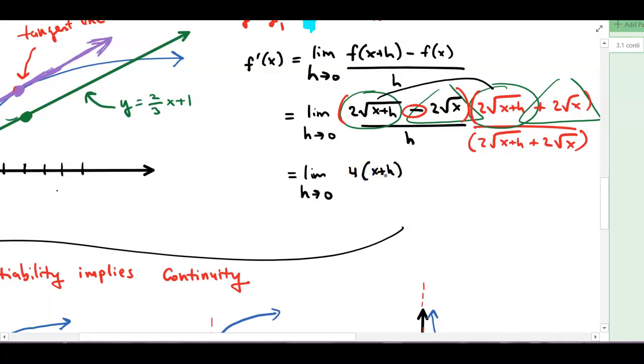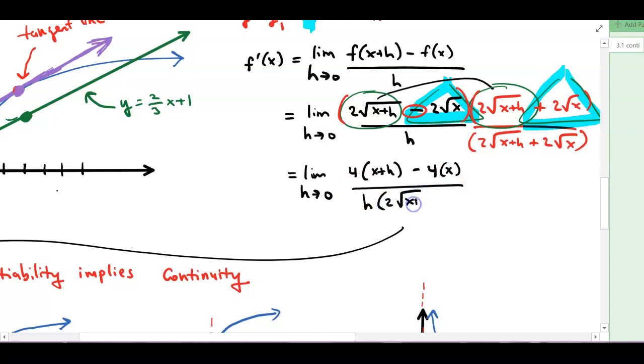Now the last parts. The negative times a positive. I'll do this in blue so you guys can see. I'm multiplying those guys right there. So negative times a positive is negative. So negative 4 times x. The square roots cancel. The bottom, don't even touch that. Just put them together.